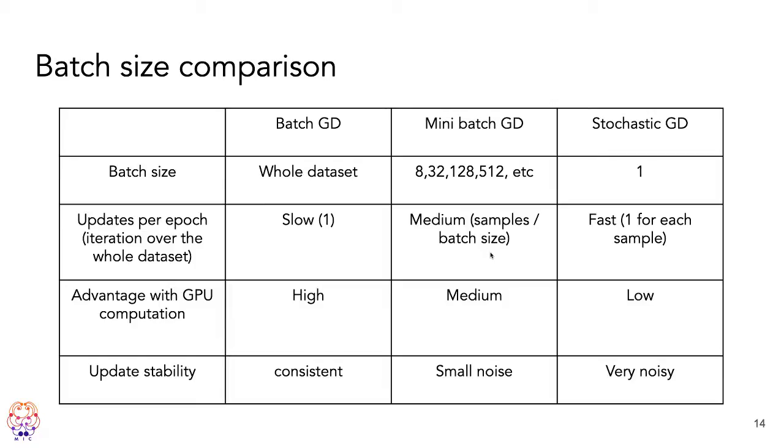So batch size is a hyperparameter you set before you train your model, and then you play around with that value until you find the fastest training time or the fastest convergence.